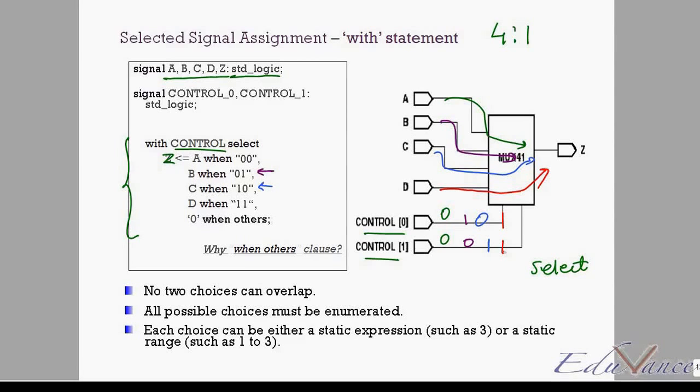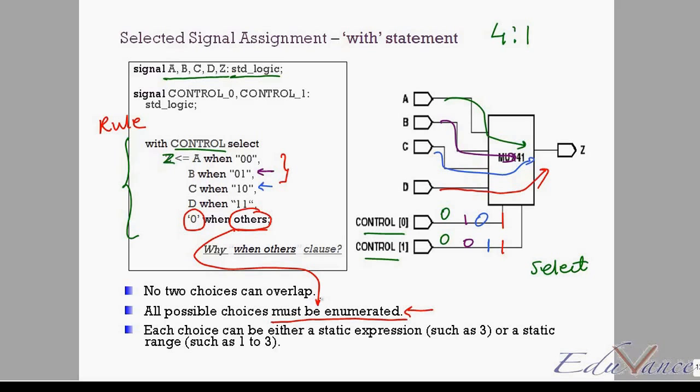Now this is a rule which you must follow: you have to give a default condition, which is when others, because all possible choices you must specify. Suppose you know only two choices, then the when others clause takes care of this, that all choices must be specified.